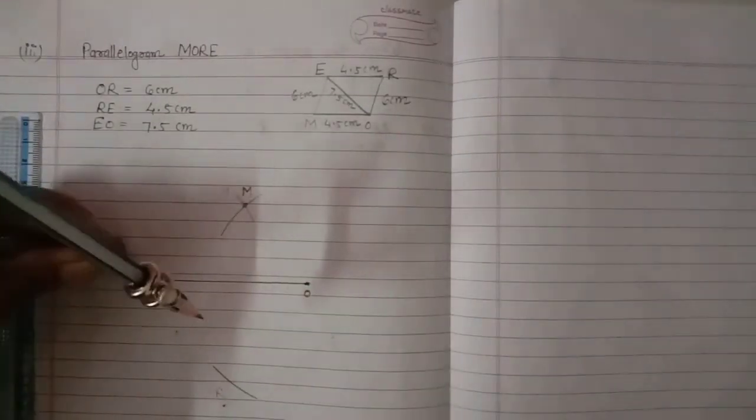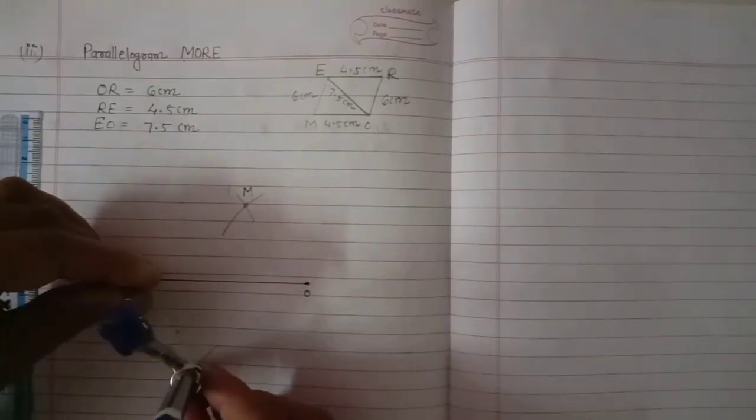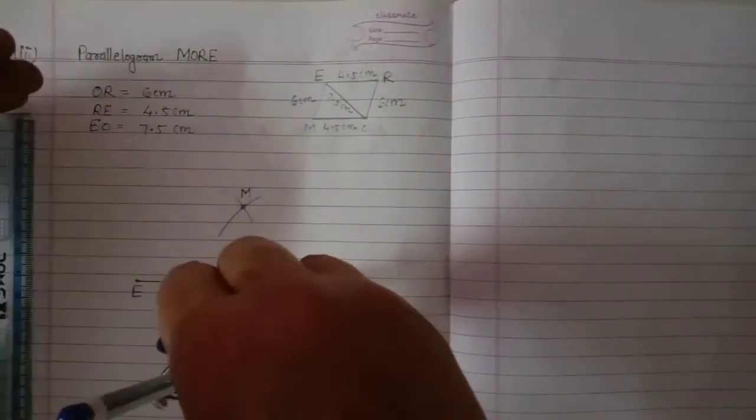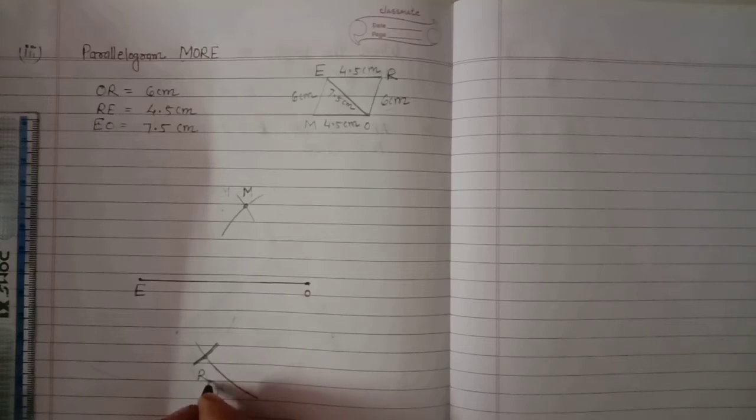So with center E, cut another arc of 4.5 centimeter. You can extend the previous arc of 6 centimeter, so they will intersect each other at point R.